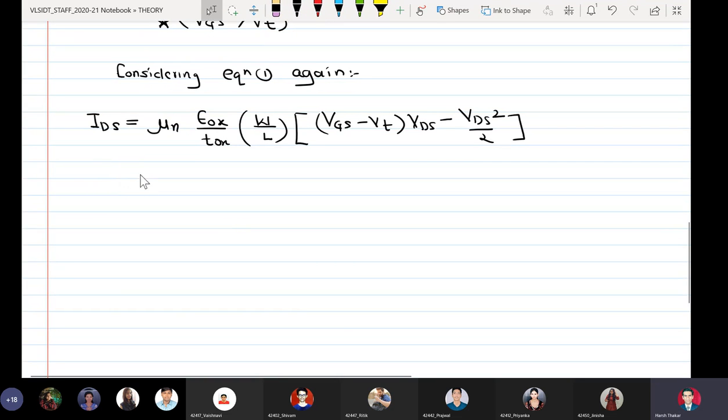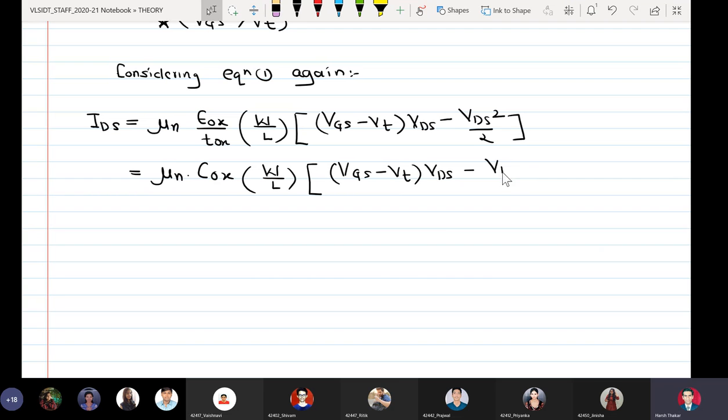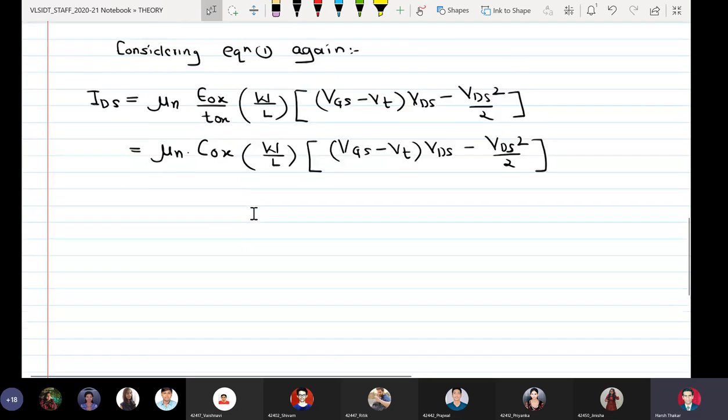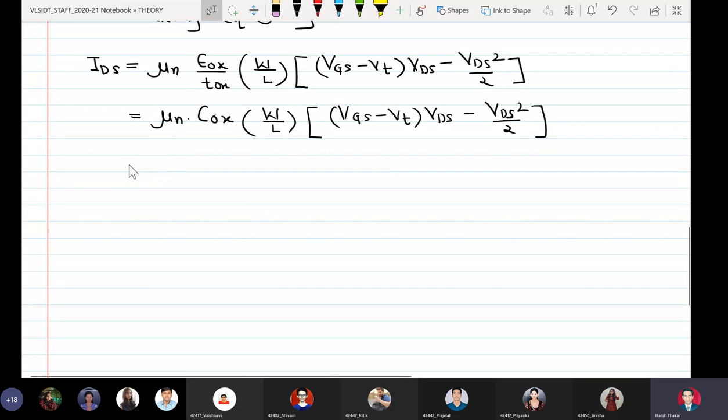So, which is equal to mu n into C ox into W by L into (VGS minus VT) VDS by 2, where C ox is epsilon ox upon T ox.